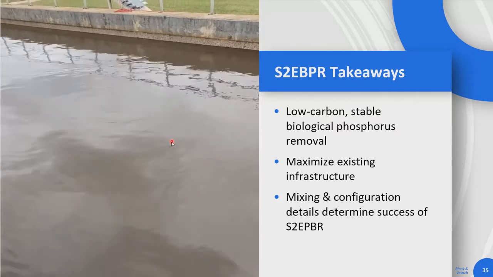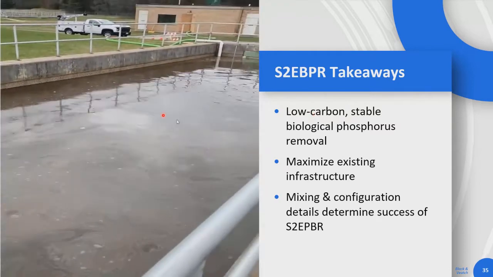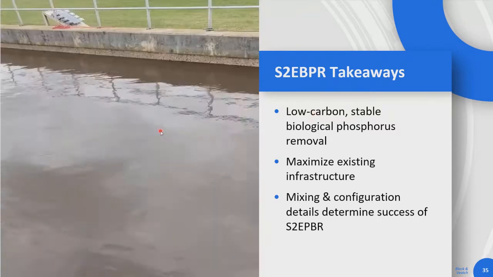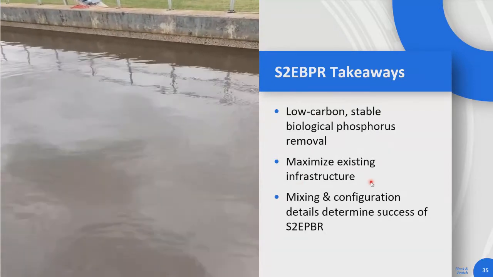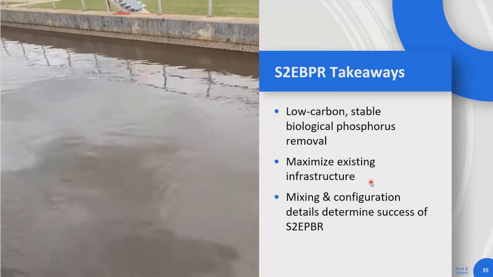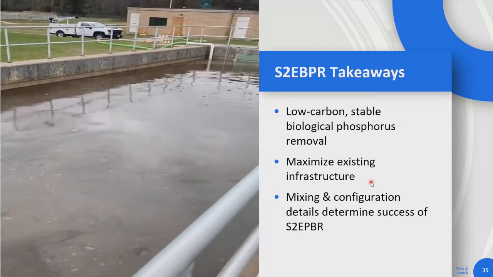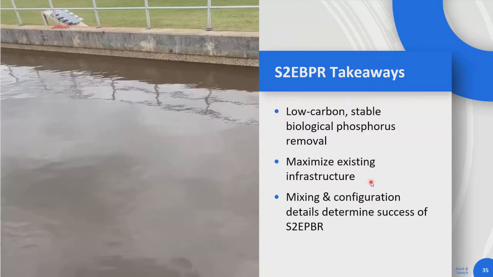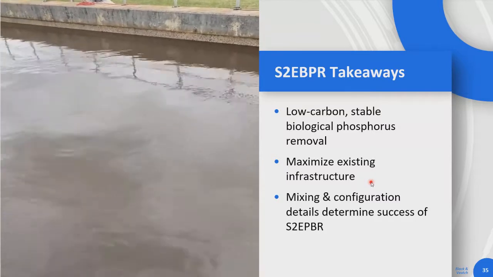So it's maybe a lower carbon from the influent, because we're accessing some of the carbon that we stored to drive that PHA storage. It really allows us to maximize existing infrastructure, so we can look at different tankage and different availability that maybe doesn't make a lot of sense for influent hydraulics, but because it's a side stream tank, we can be more creative.